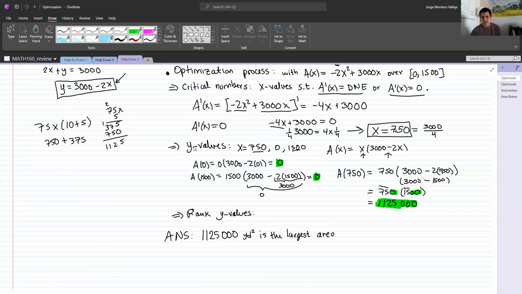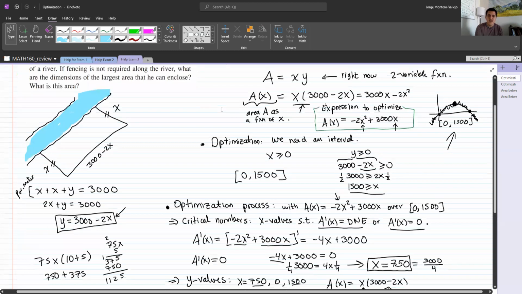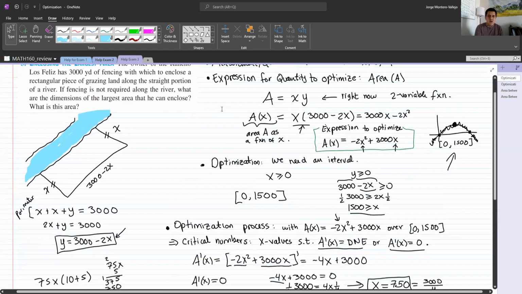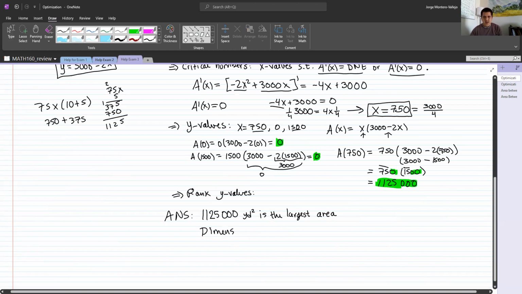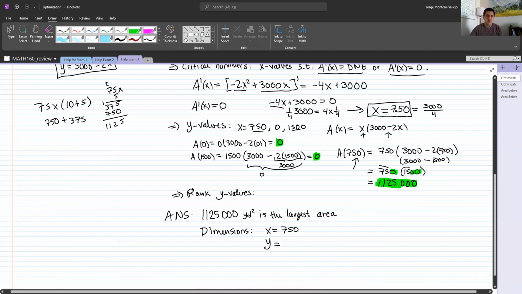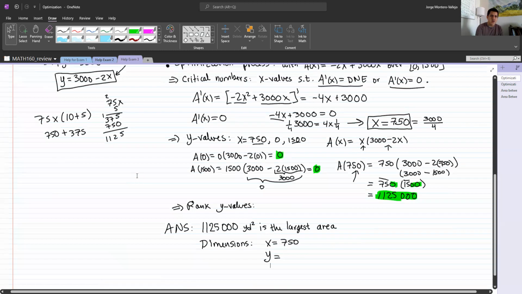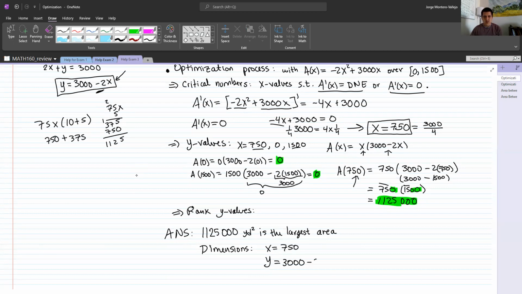But remember that the problem also asks us about the dimensions, right? So the dimensions will come from X and Y, the values for X and Y. For X, we know that that is 750, right? Because that's the X value where the largest area happened. Now for Y, we can use the formula or the equation that we got over here, which then gives you 3,000 minus 2 times 750.